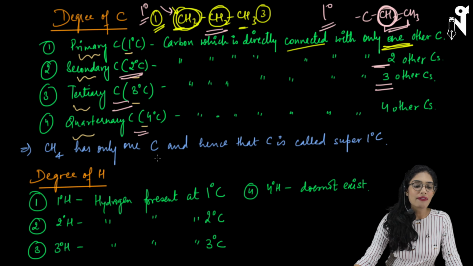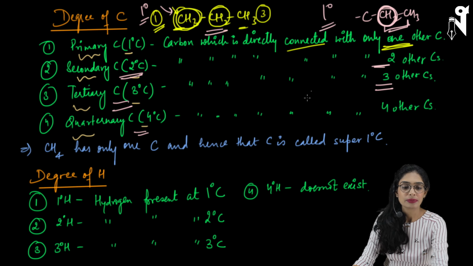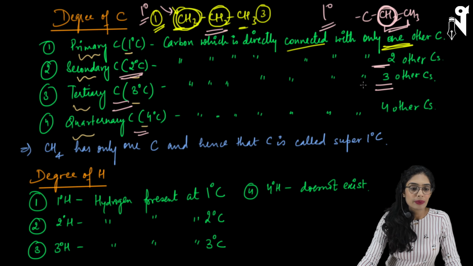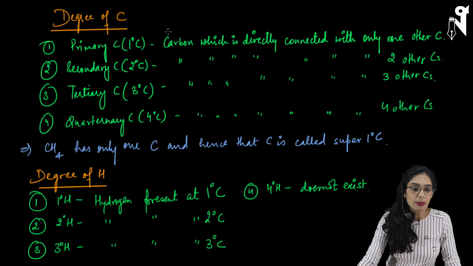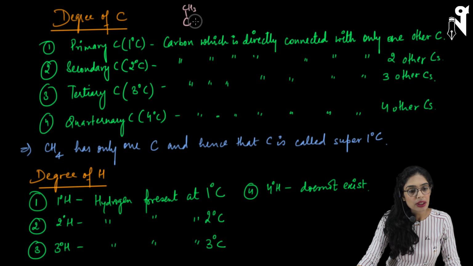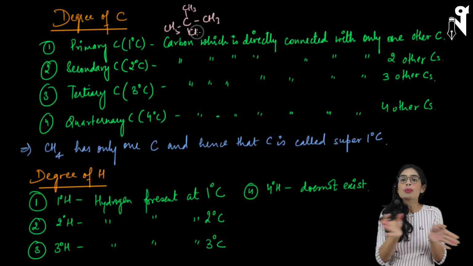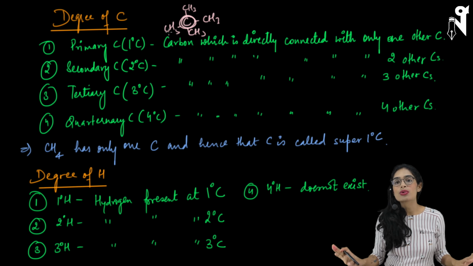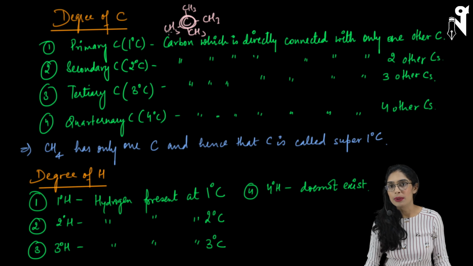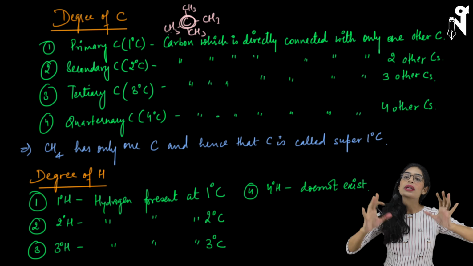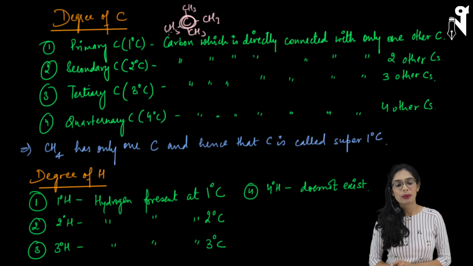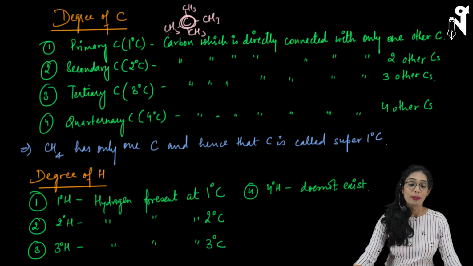Let's say I take an example of a carbon with another carbon, CH3, CH3, CH3, and CH3. If I talk about this middle carbon, all the 4 bonds are linked to carbon only, there is no hydrogen. So such a carbon will be a quaternary carbon, where all the 4 bonds or all the immediate neighbors are carbons only. Okay, this is about the degree of carbon.